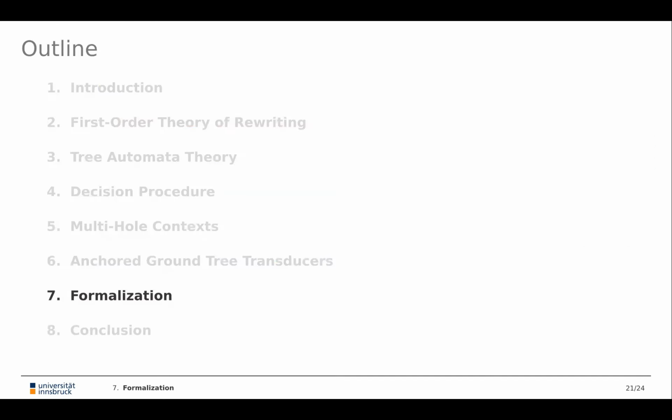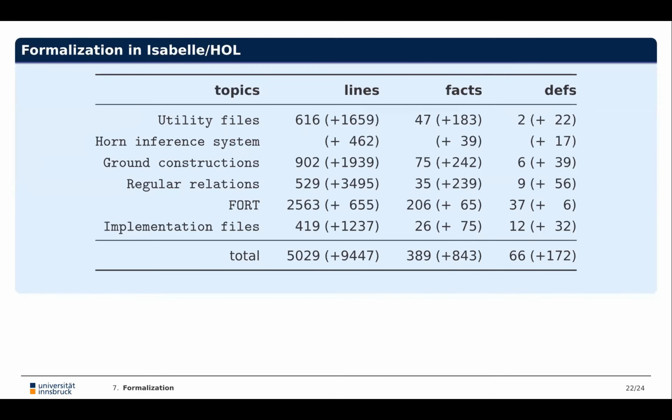So a few words on the formalization itself. As mentioned earlier, this builds on previously presented results. Here in brackets with the plus, you can see how many lines the formalization had before these new results, meaning this was presented previously at CPP and TACAS, while before the brackets, you can see how many lines we've added during this work.